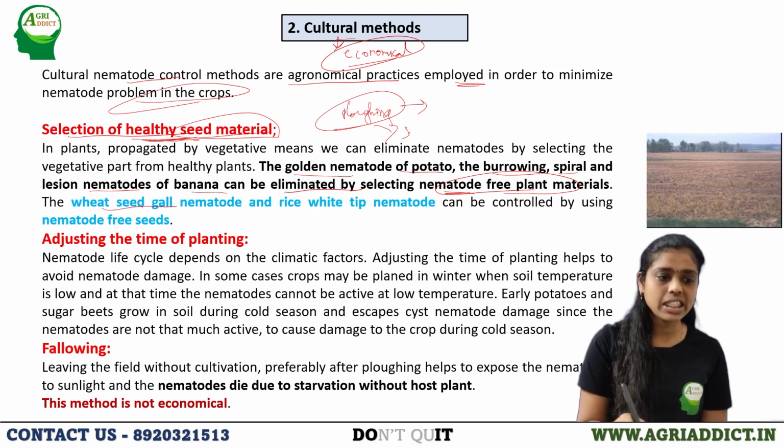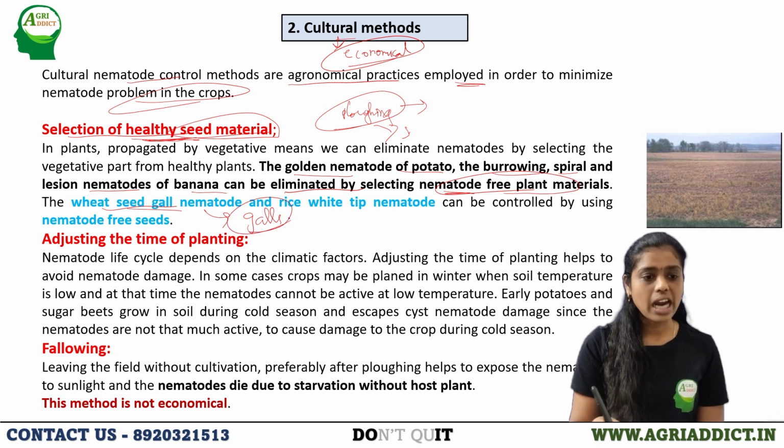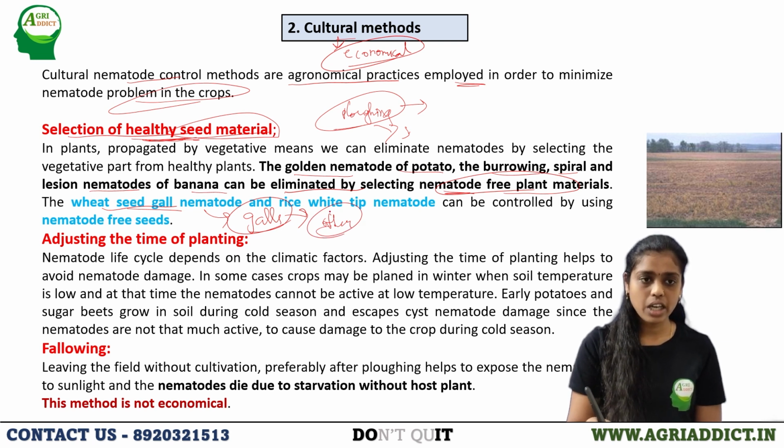Even in case of wheat seed gall nematode, the galls are formed instead of seeds, and if we sow these galled seeds, definitely the infestation will be there and it may enter the next cropping season. So carefully choosing seeds which are free from nematodes is most important in such cases.